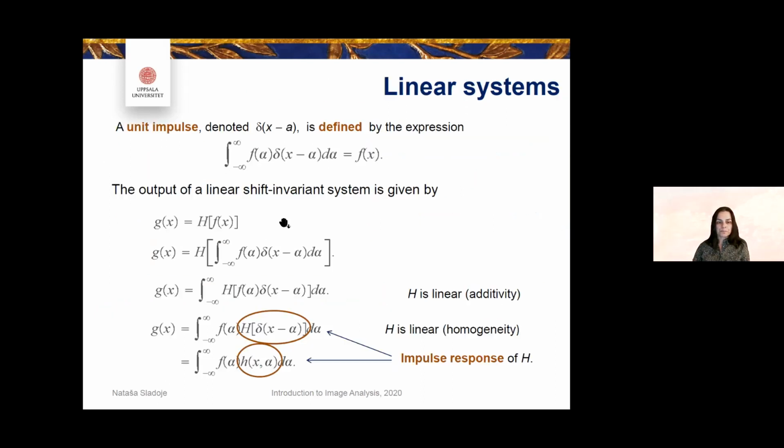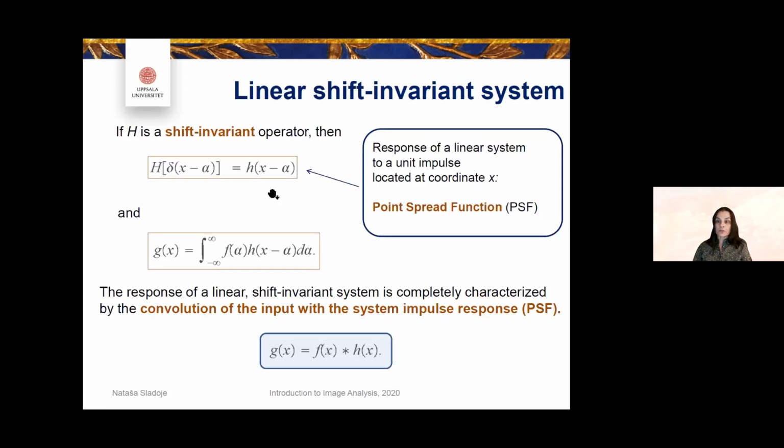So instead of having this general dependence on x and alpha, we will have a dependence on one variable, essentially x minus alpha. This is what results from the assumption of shift invariance of the function h. Nice.